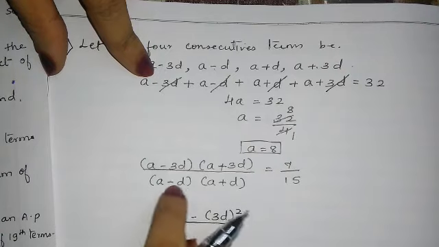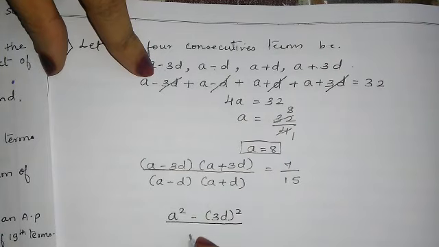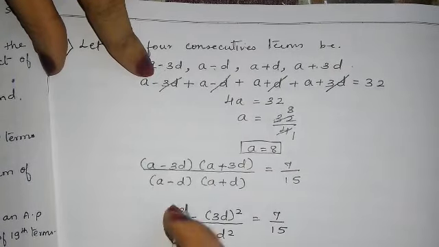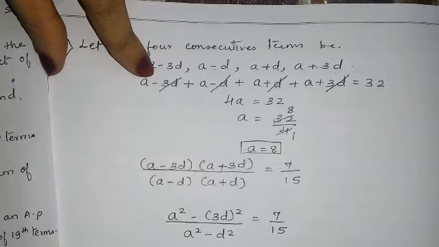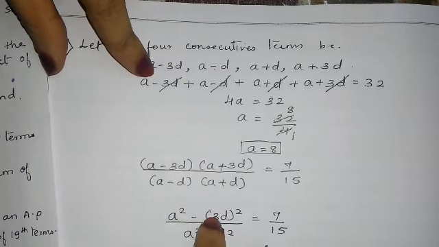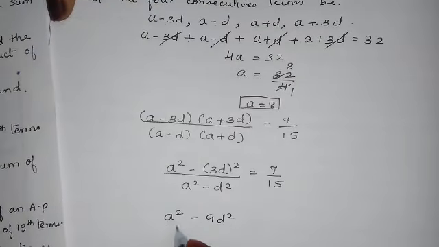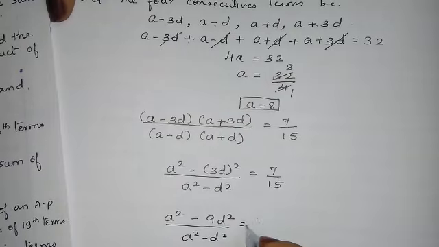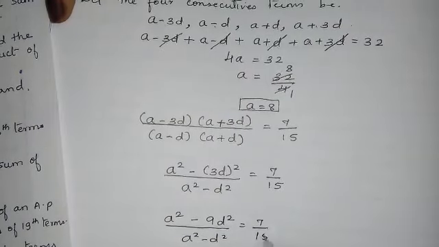Same thing, A minus D, A plus D is nothing but A square minus D square. So 7 by 15 as it is. A square minus 9D square over A square minus D square is equal to 7 by 15.